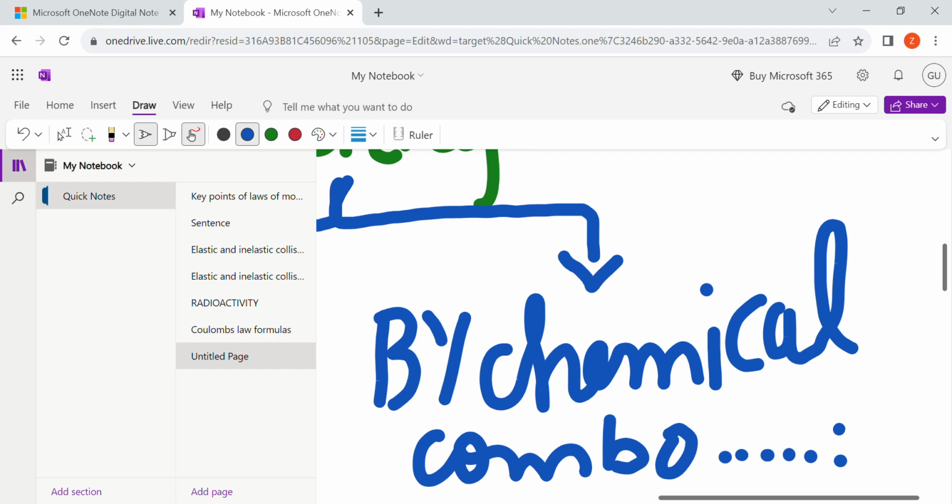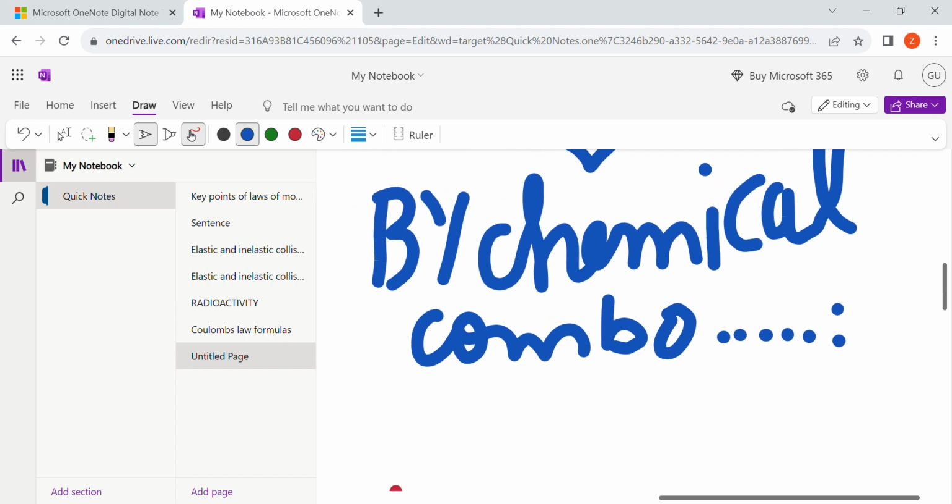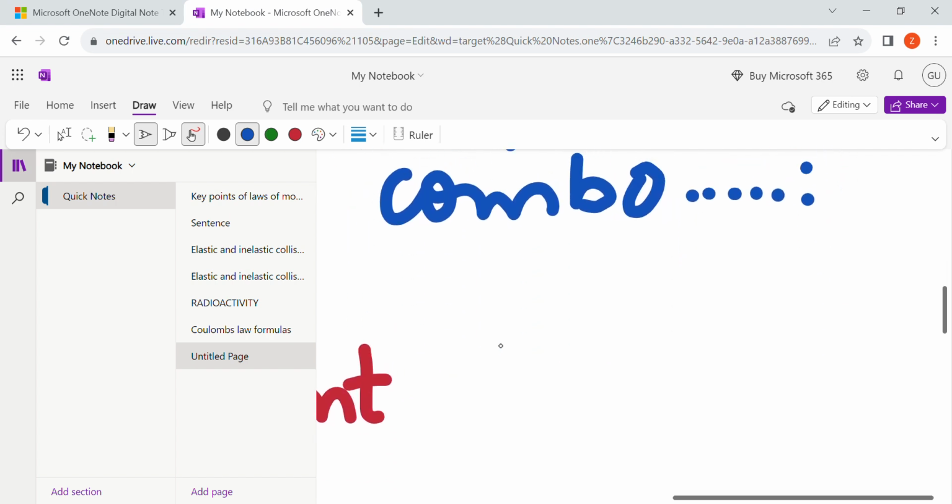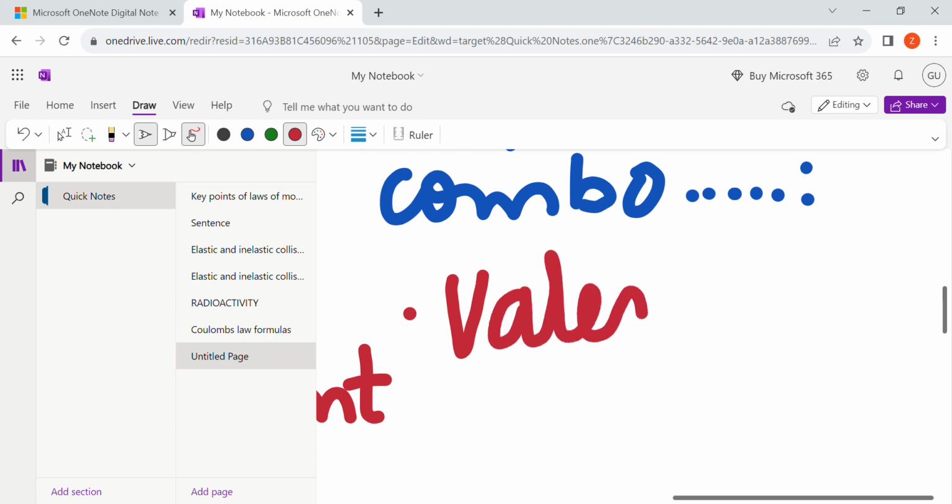Alright, now let's discuss what the chemical combination says. Chemical combination basically involves valence electrons. In the physical combination we said that it involves charges, but in the chemical combination they involve valence electrons.